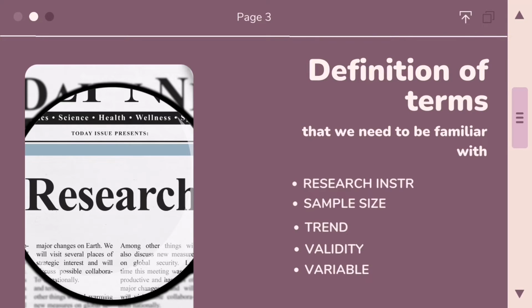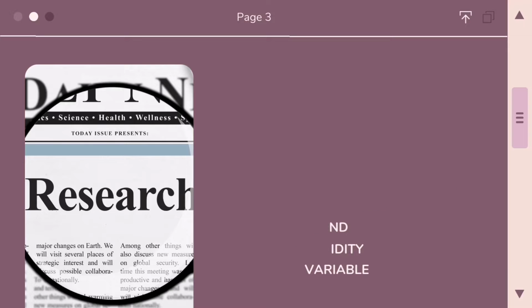Research instrument, a measurement tool designed to obtain, measure, and analyze data from research subjects around the research topic. Sample size, the number of subjects to be taken from the target population of the study. Trend, an assumed development in the future that will have a long-term and lasting effect, prevailing style or preference.